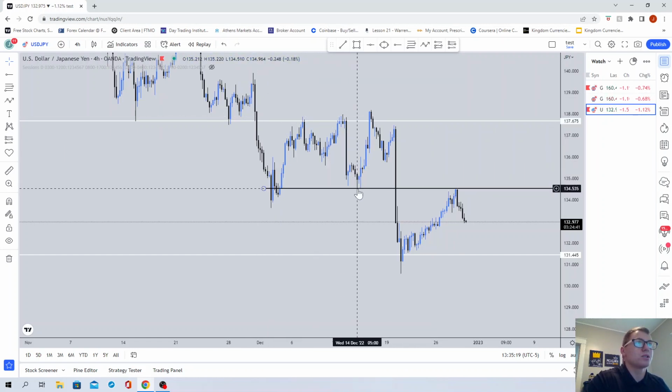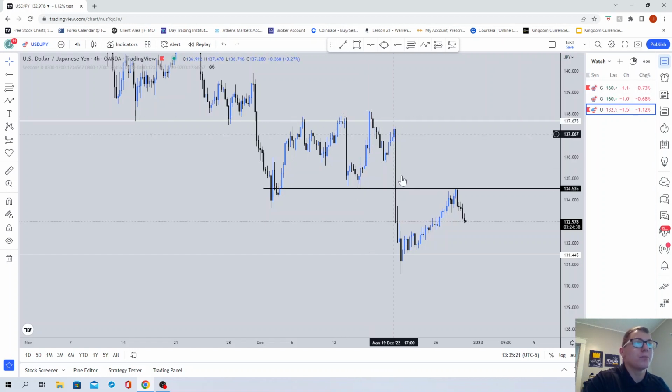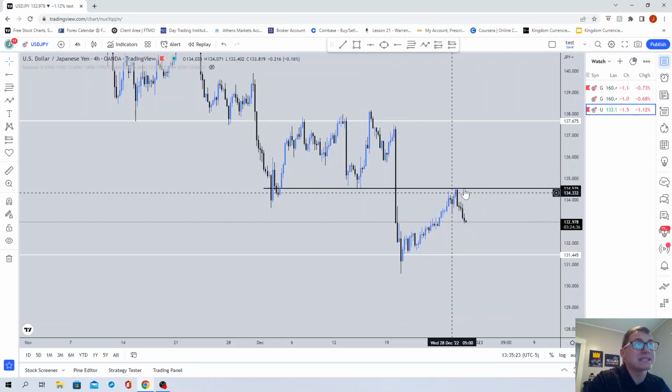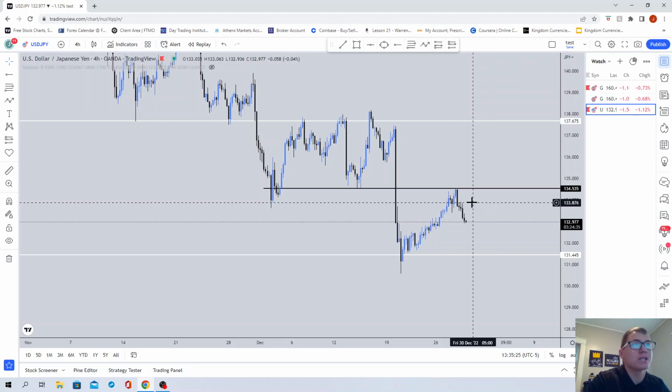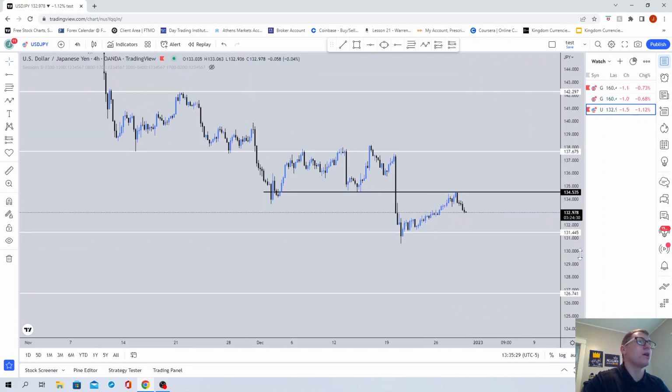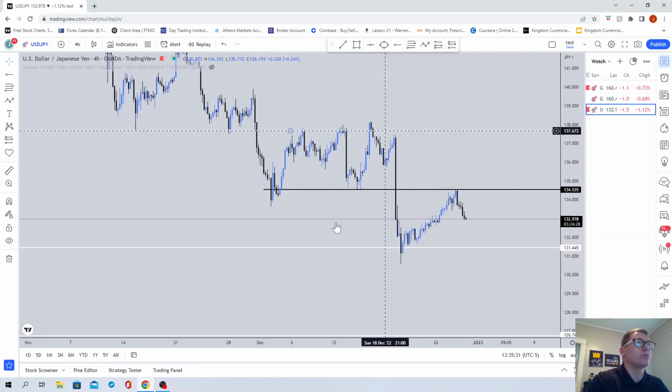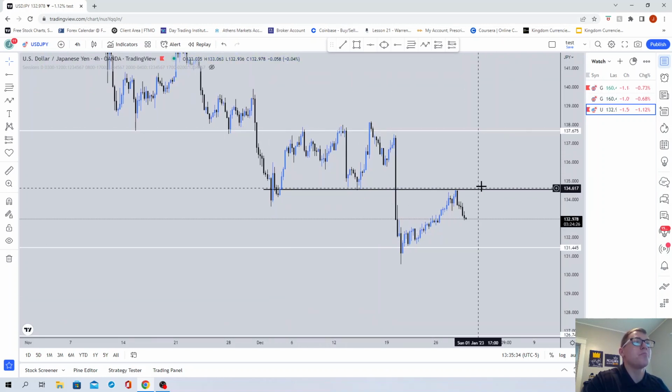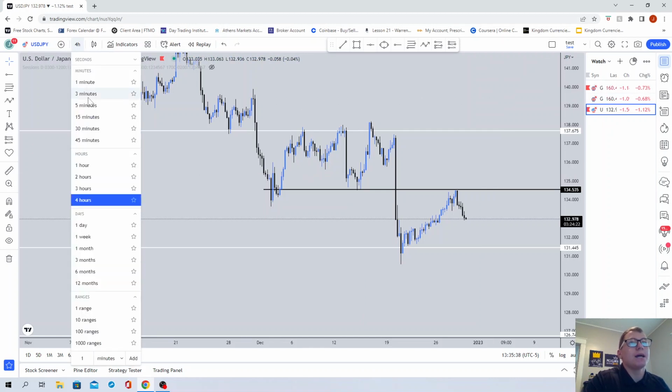Price held as support, flew up. Price breaks below, and now we're at this level. We are rejecting, holding as resistance, or looking to hold as resistance. So this is literally all I would have on my chart: a couple dailies and then one minor zone. Now when it comes to taking entries, I will drop down to the 15-minute time frame.